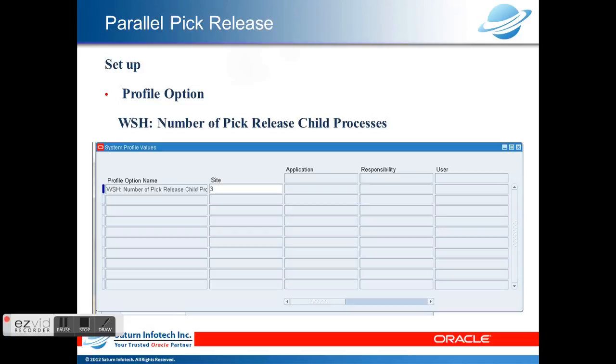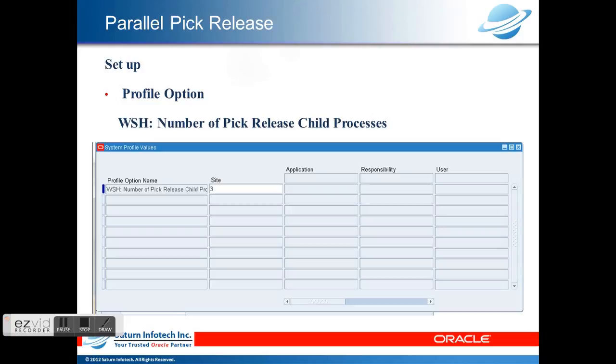There is one more setup needed, which governs the parallel pick release. There is a profile option named number of pick release child processes. We have to set that up so that we can run the pick release through multiple workers.